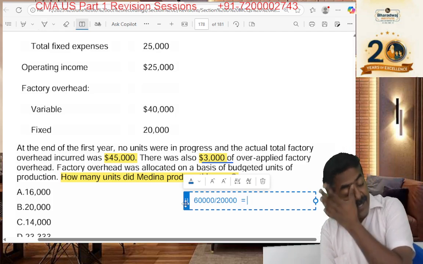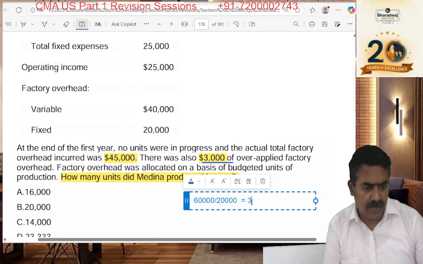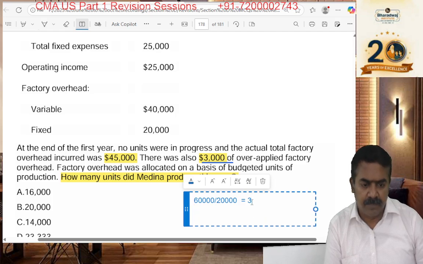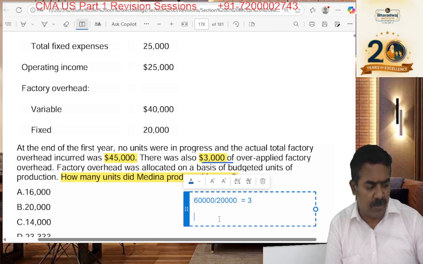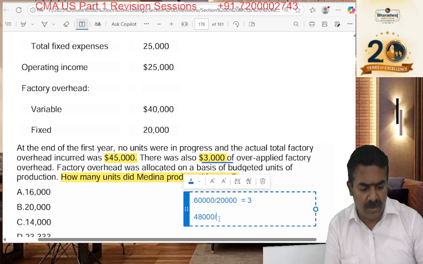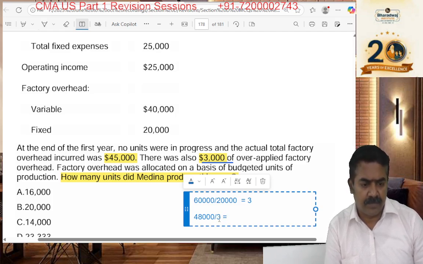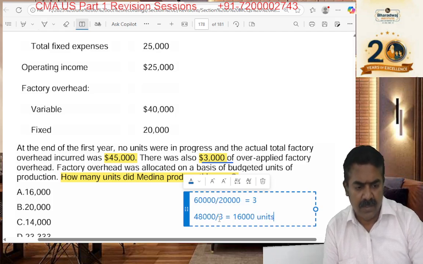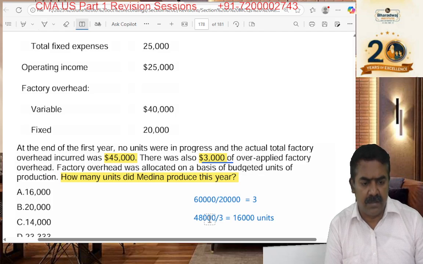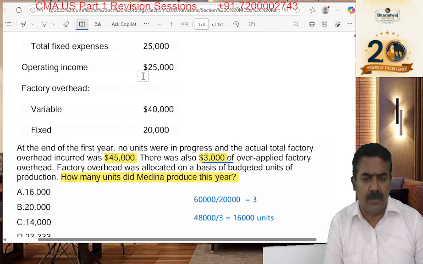Charging the overheads is based on total overheads. 3 per unit will come. So we spent 45,000, 3,000 over applied factory overheads. 48,000 is divided by 3 per unit budgeted rate. How much do you get? 16,000. Otherwise, reverse: 16,000 into 3 is 48,000. That is 3,000 over applied, meaning actual overhead incurred would have been 45,000.